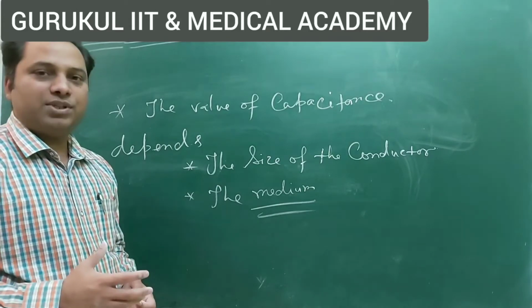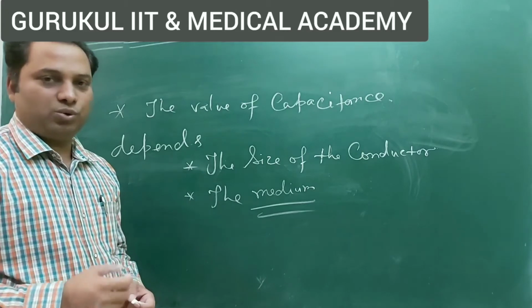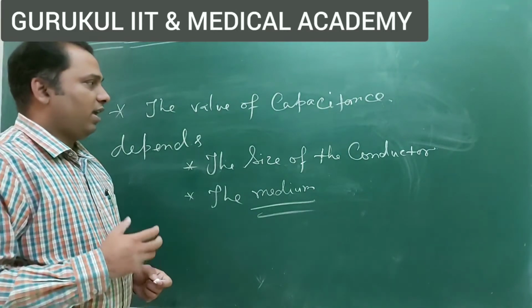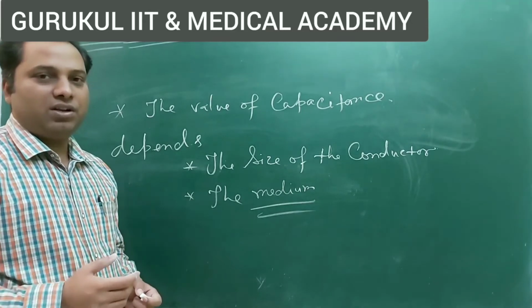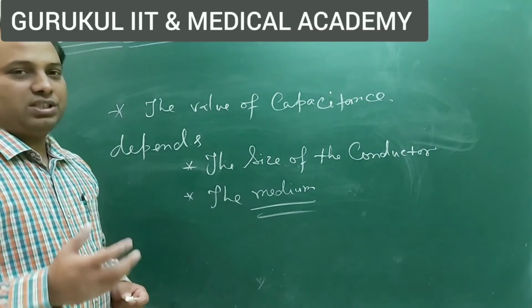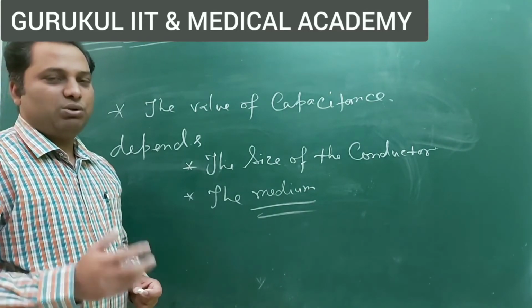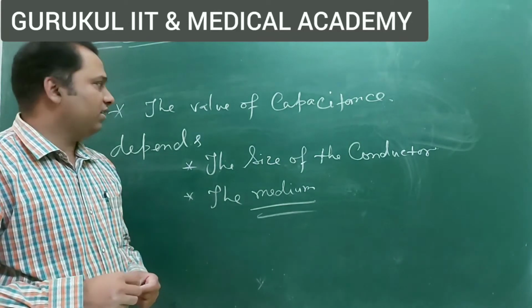What is capacitance? Capacitance is the capacity to store charge of the conductor. And what is the formula? Q equal to CV, or C equal to Q upon V, you can apply. And what is the unit of capacitance? The unit is farad. And the CGS unit is stat farad.